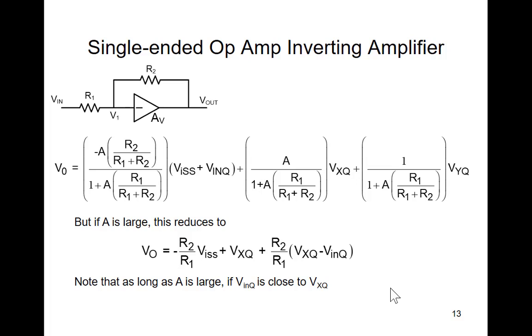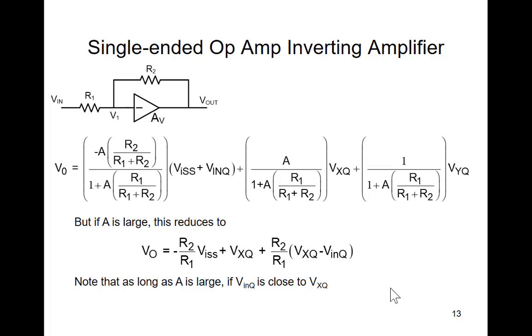Now, as long as A is large, I get this equation, and if Vin Q is close to Vxq, which is where the transition occurs in the amplifier, then this term disappears. And we see the output is equal to Vxq, the parameter of the amplifier where the transition occurs, plus the gain times the small signal input.